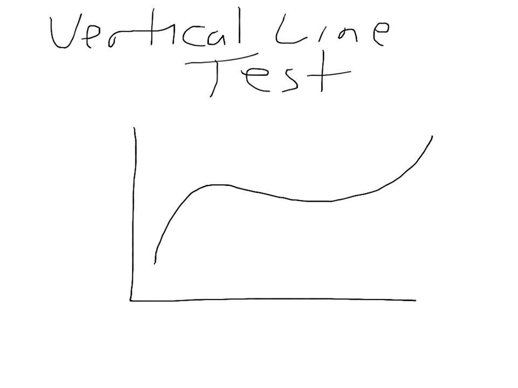Okay, so we're going to take a line like so. And I was going to try to move that line, but I don't think I can. Well, there we go. If you move the line across the graph, if the line only crosses the graph once, then it is a function. So in this case, it's only doing that once, so we do in fact have a function.